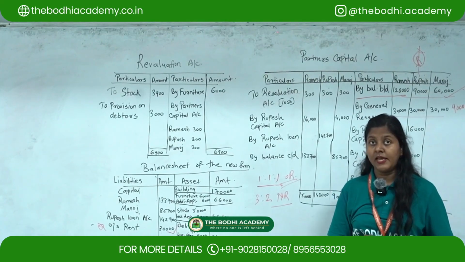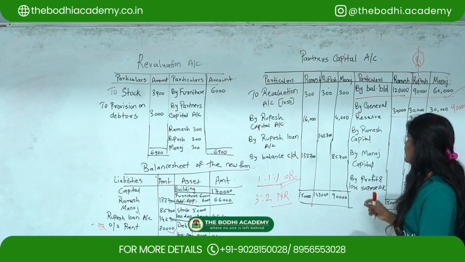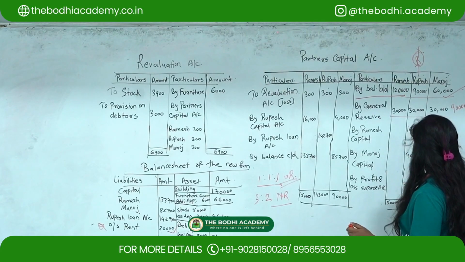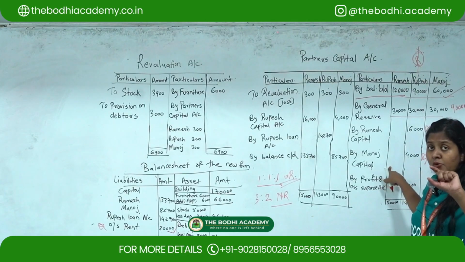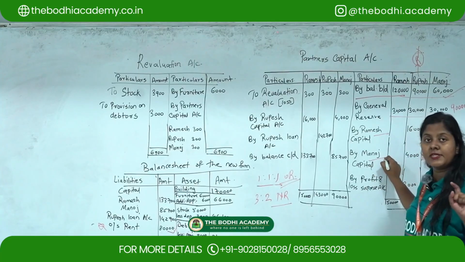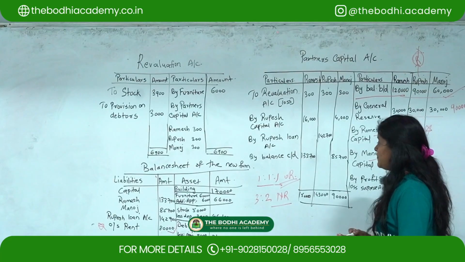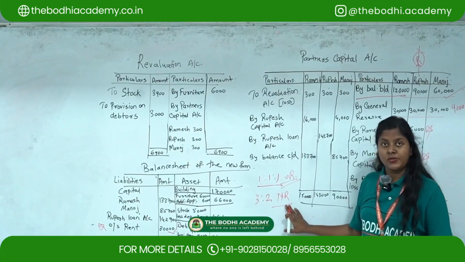So the first part, they have given the total goodwill of the firm, which is 60,000. So with regards to goodwill, you have to find out the goodwill and distribute that goodwill to the remaining partners, that is, Ramesh and Manoj are the remaining partners. So here now, you have to check whether the old ratio or new ratio is given or not.